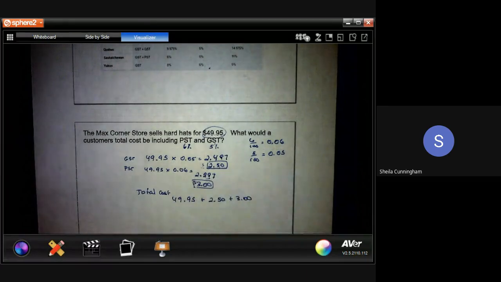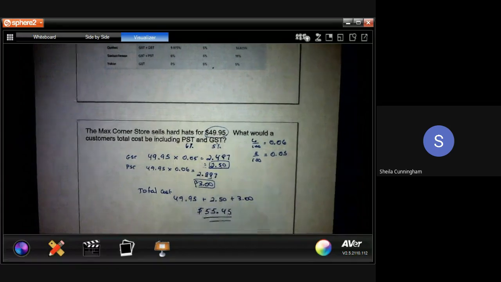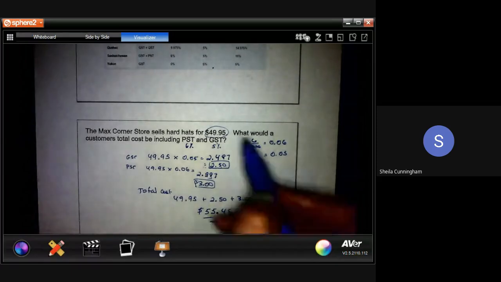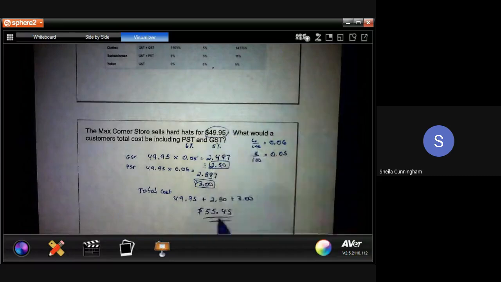And when I add all of that together, $49.95 plus the $2.50 plus the 3, I am getting a grand total that when you get to the till, you're going to have to pay $55.45. So never assume what's on the tag is what you're actually going to pay when you get up to the till.